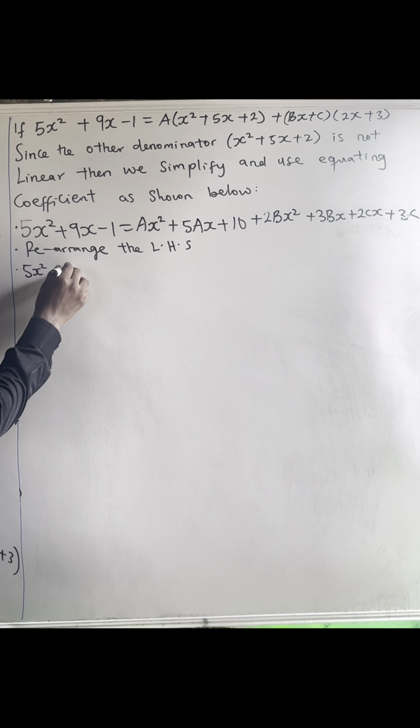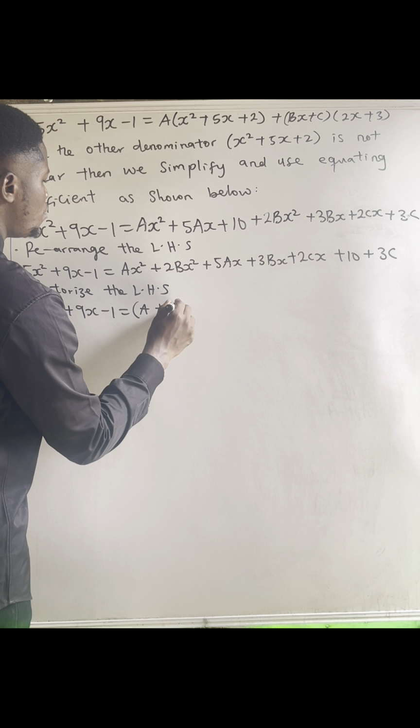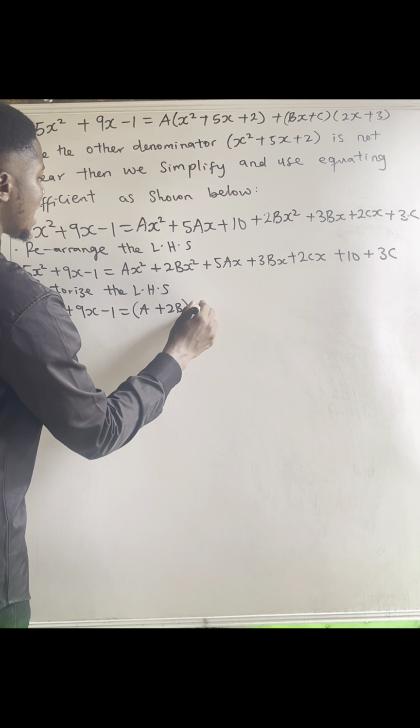So the next thing I'm going to do now is factorize the right hand side. This will be 5x squared plus 9x minus 1 is equal to, you will see this is ax squared, this is 2bx squared. What is common to this and this is x squared. Then this expression here can turn to open bracket a plus 2b close bracket x squared.